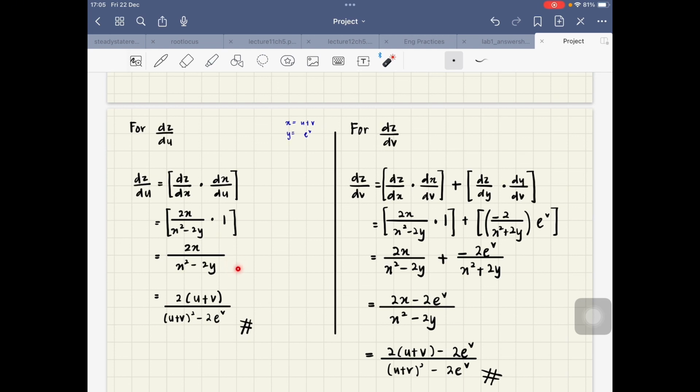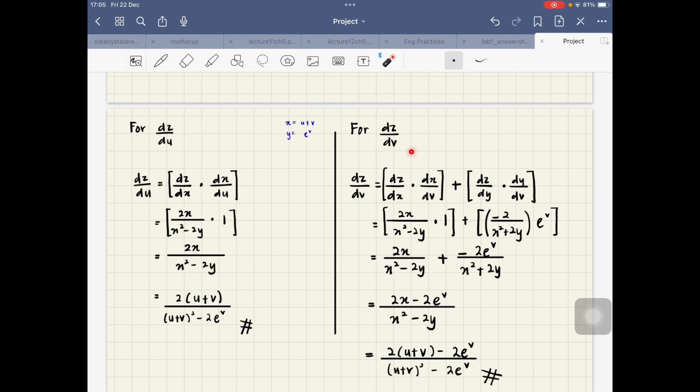Once we got the answer, we need to insert the original form of x and y, which is x equal to u plus v and y equal to exponent of v. Once we have inserted the original form, we get 2 multiplied by (u plus v) over (u plus v) squared minus 2 exponent of v.